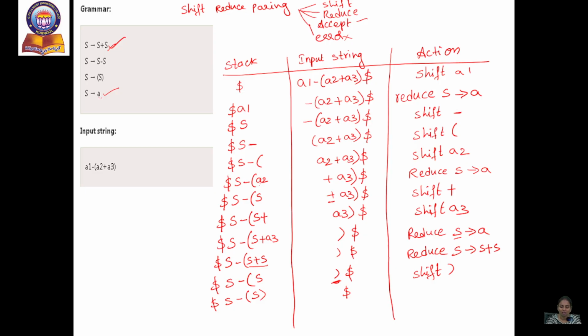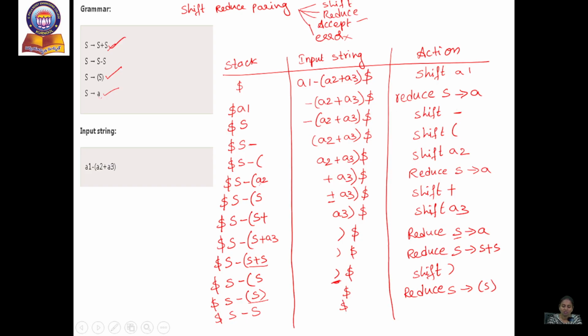And checking whether S within the brackets is there, no, the complete input string is not produced by any production, so checking only this part, S within the brackets is available in the grammar, yes, production 3 is deriving that, so I am performing the reduce operation, that is S is deriving S within brackets. So S minus this can be replaced with S, and here the dollar will be there.